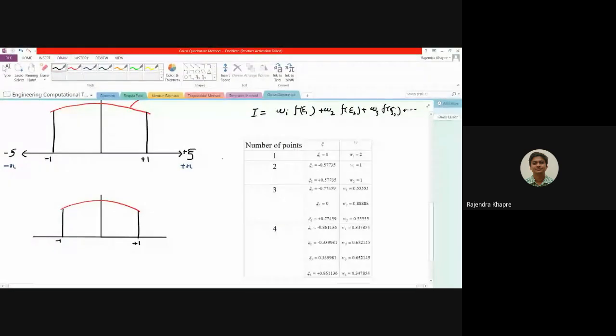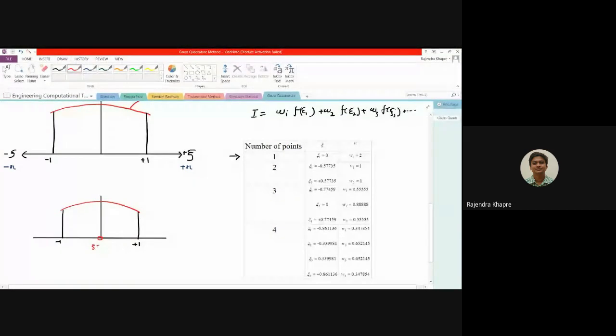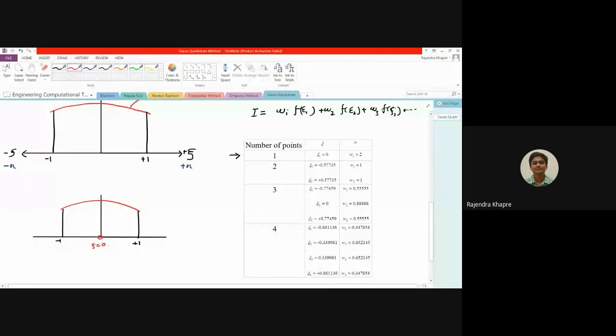Okay, so when I talk about the number of points, we are taking only one integration point. So one integration point has to be taken as 0. Xi value is 0, so here the integration point is over here. Okay, so let me use another color. So this is my integration point, and xi value is 0 over here.